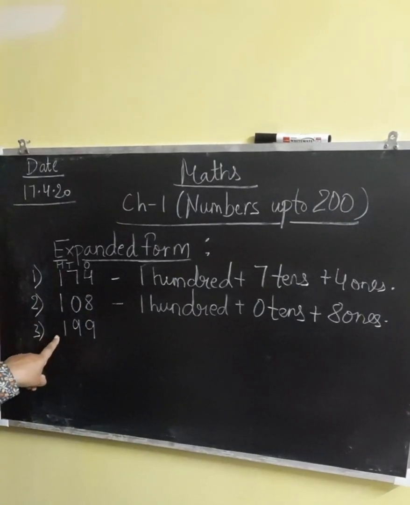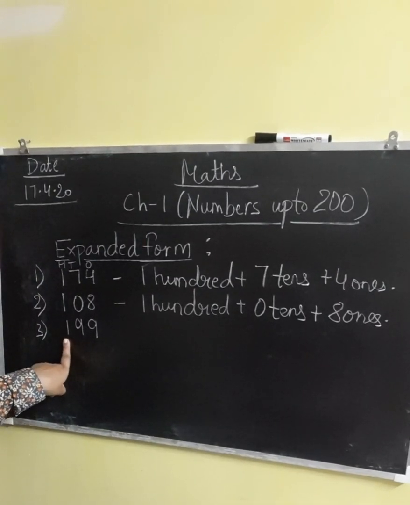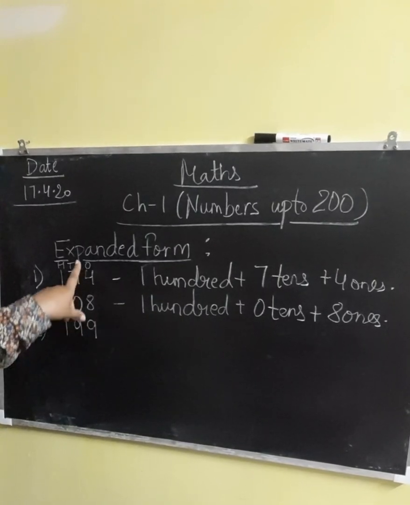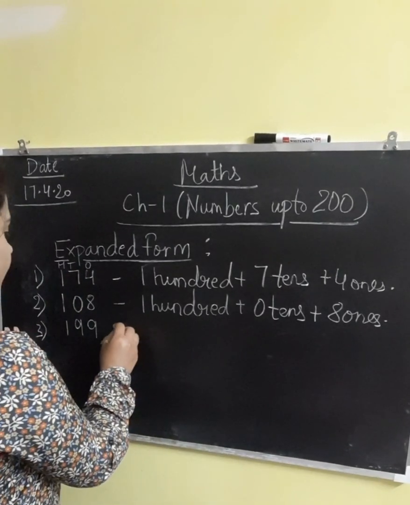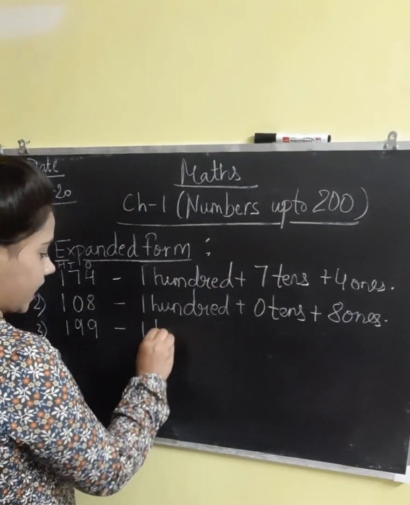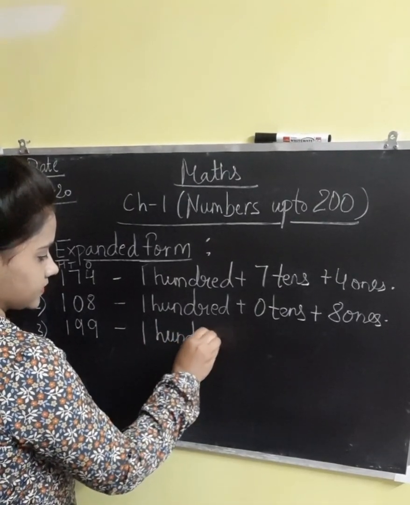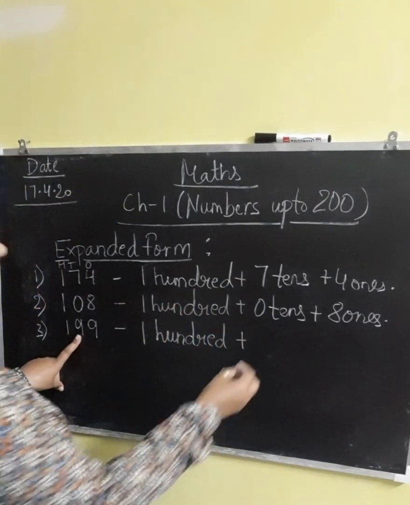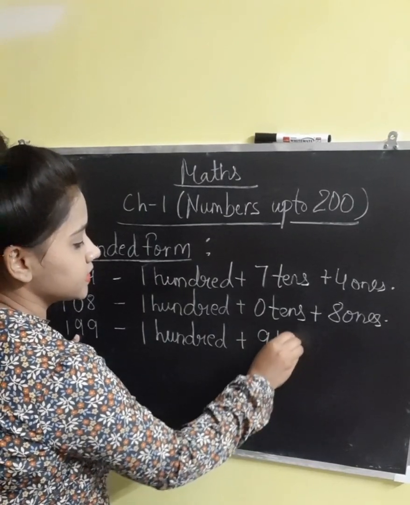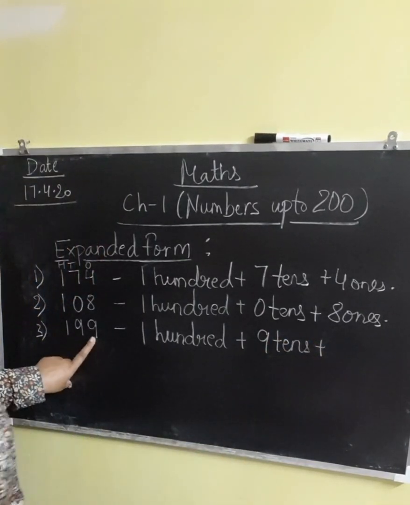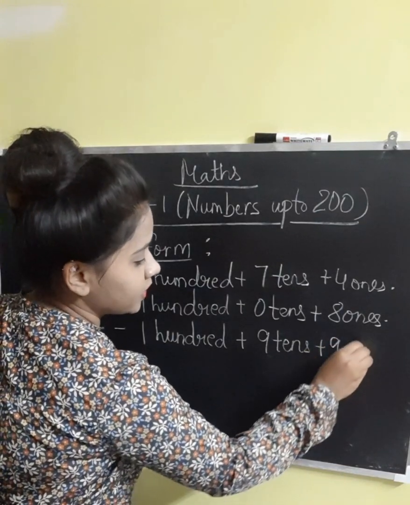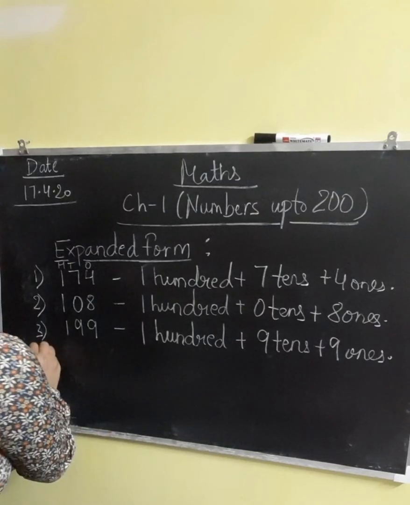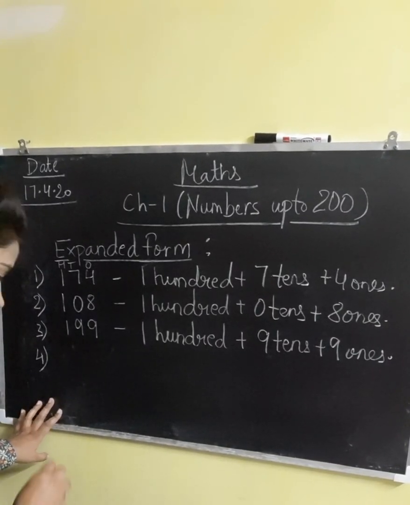So at the hundreds place which digit is here? 1. 9 at tens place, 9 again at ones place. So now what we will write, 100. So which digit is at tens place? 9. So we are going to write 9 tens. And yes, 9 also at ones place. So 9 ones.